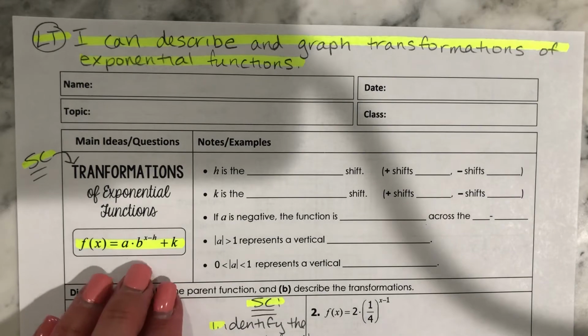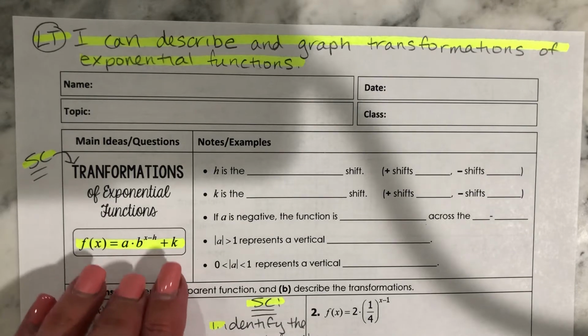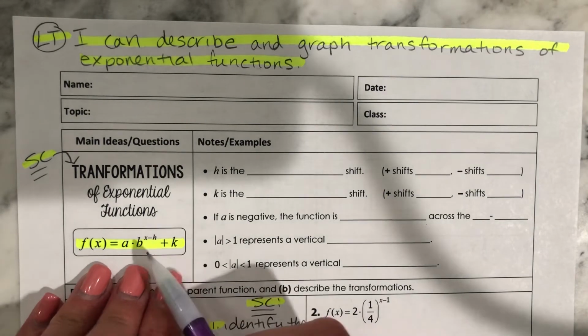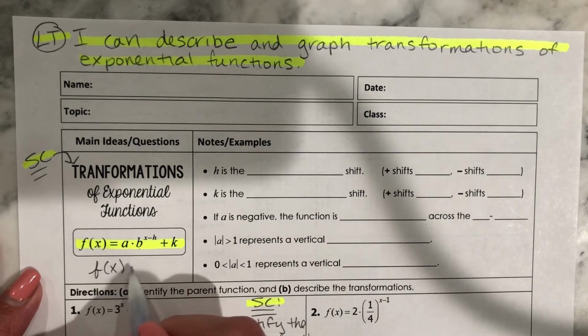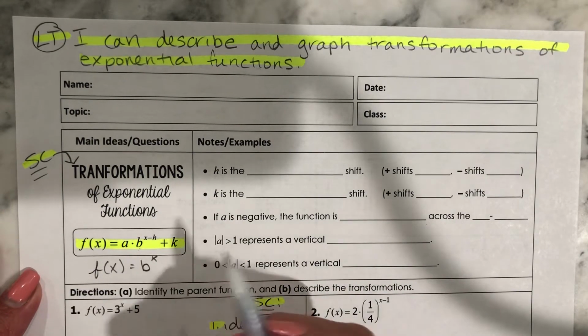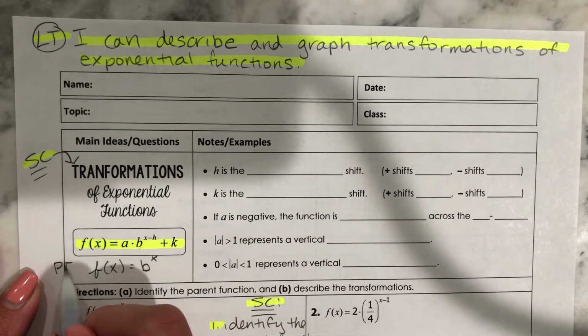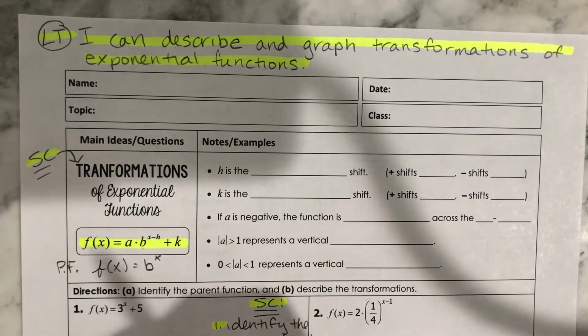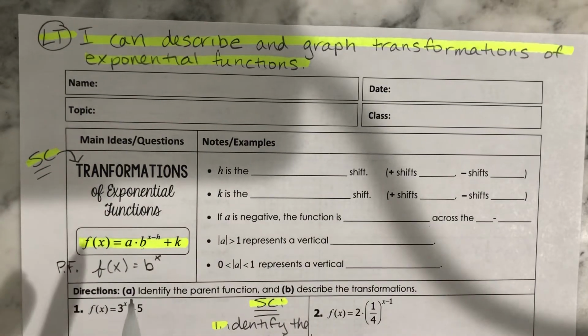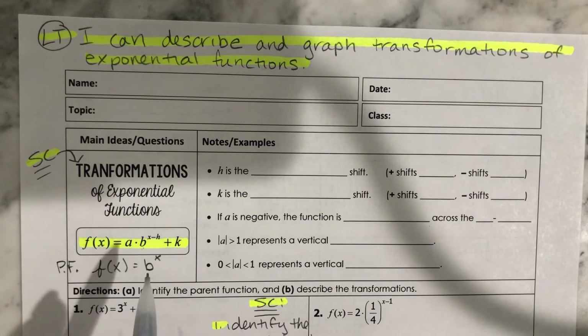So here is your basic graph. We've already talked about the parent function. The parent function is f of x equals b to the x. So I'm going to put pf for parent function. And then we can add all these other components to it to make the graph become a transformation.